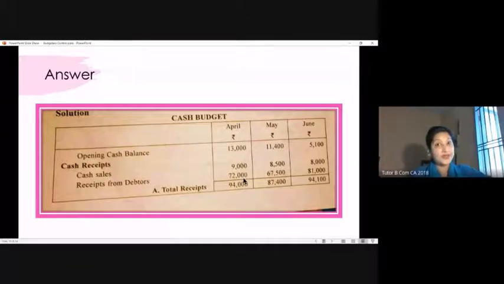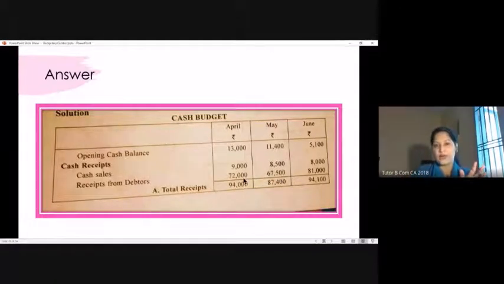Now, why is it so? In the question, it is said credit sales are paid after 2 months. So that's why this one is coming from February. The balance credit sales of February will be received in the month of April. Same as the case, it will happen in May, right? And also in June.